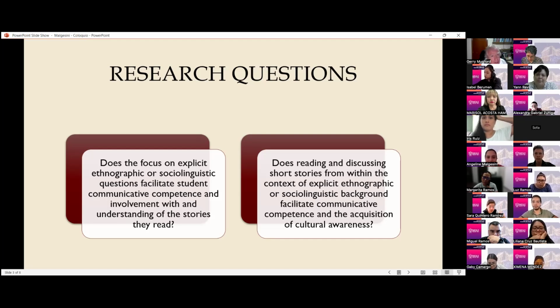So I think very much how she's been working is trying to tease out exactly the relationship between short stories and, say, the context of ethnographic. So we think of ethnographic relating to the student's own cultural environment, how they interact with the target language, their sociolinguistic background.